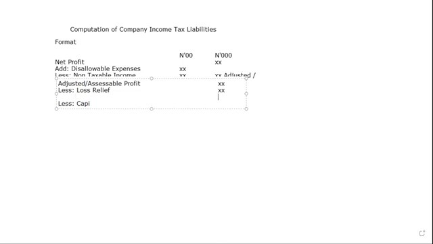Less capital allowances, restricted to two-third of assessable profit.